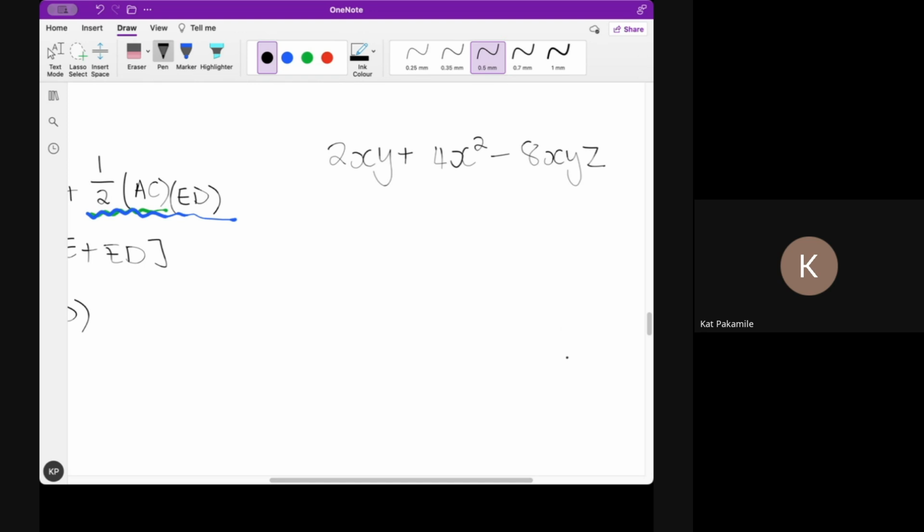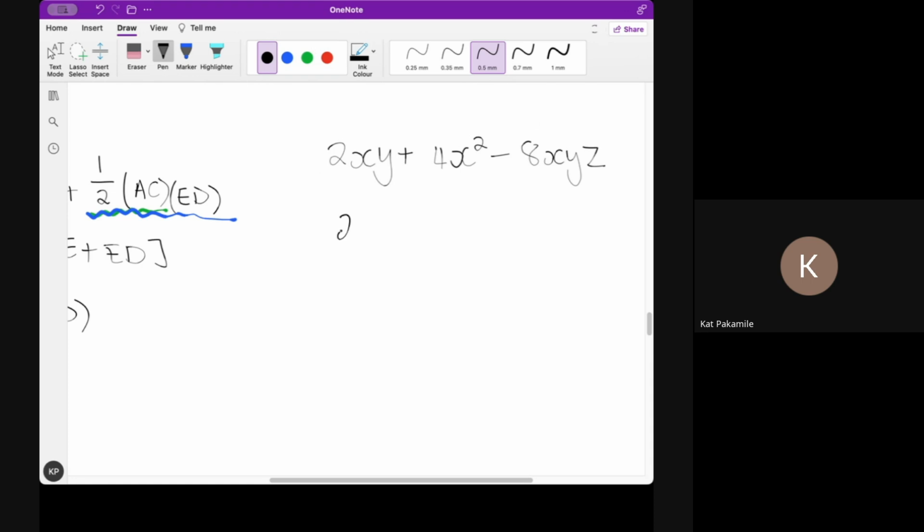I'm pretty sure you know what factors are. So what do 2 and 4 and 8 have in common? What can you take out? A 2, right? I'm only talking about 2 and 4 and 8. Which number can you take out of those three? A 2. There we go.